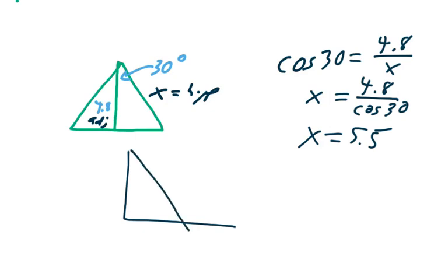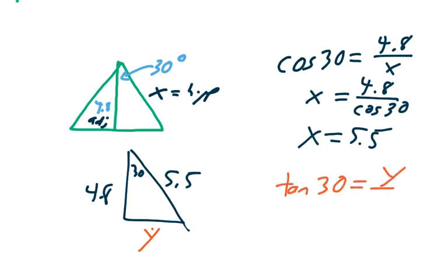So in my triangle, this is 5.5 and this is 4.8. And this is 30. And the next one, they want to know what is the side of the hexagon. So I'm going to call this y over here. And so I got the tangent of 30 is equal to y over 4.8.